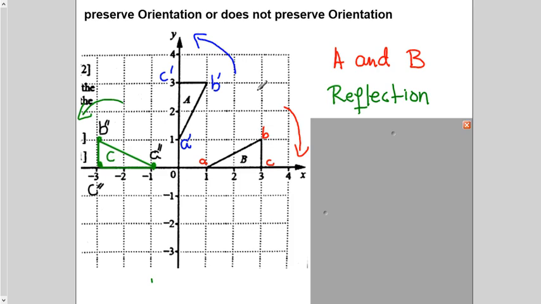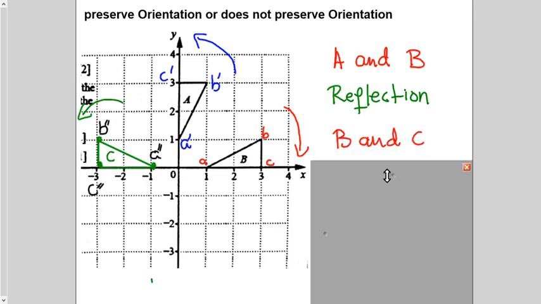In these two cases, the orientation is not preserved. If I'm reading ABC, because corresponding points you can't change, of course they will have the same name, I'm reading it clockwise and I'm reading it anti-clockwise. So A and B are reflection of each other. When orientation is not preserved, it is opposite, then it means it is reflection.